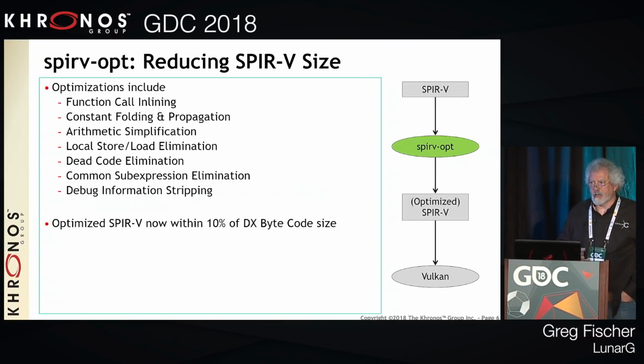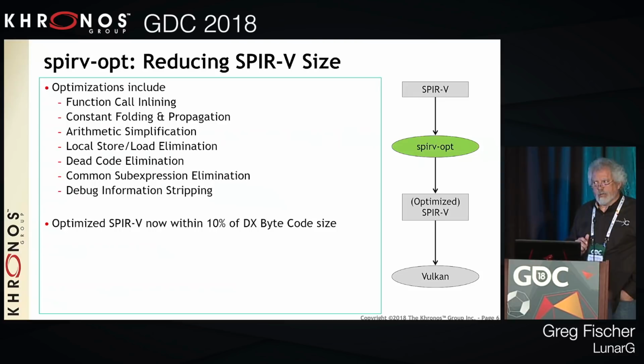So the idea was to apply a number of classic optimizations to reduce its size. Here's a list of some of the more prominent ones. These are designed to eliminate code from the shader, or do analysis, or enable analysis to do additional removal of code.